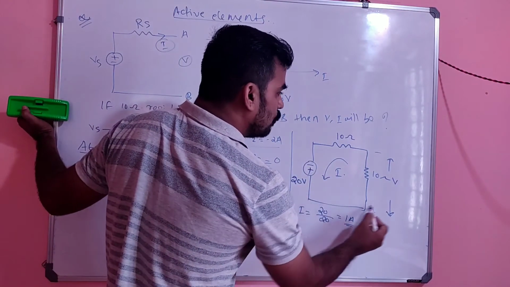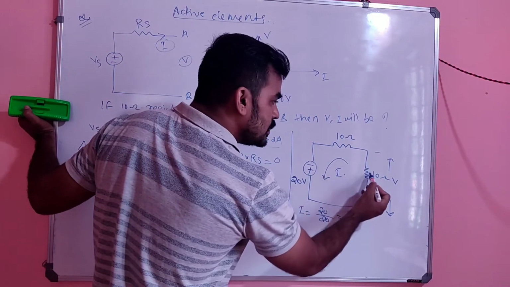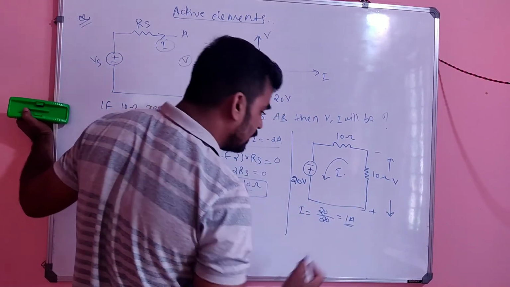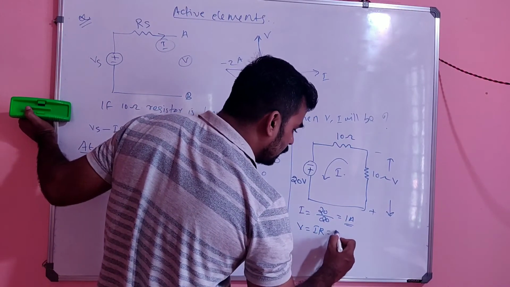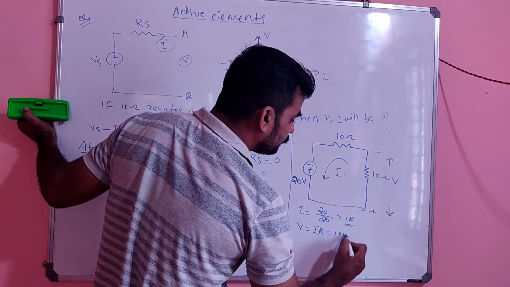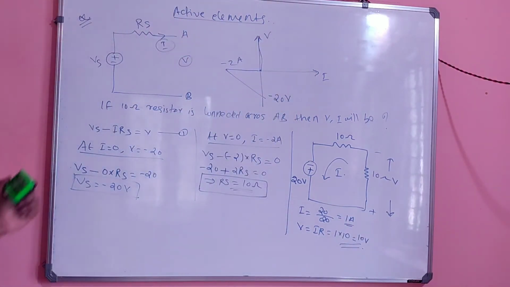And we have to find the voltage V also. When the current flows through the 10 ohm resistor, there is a drop across it: V is equal to I into R, which is 1 into 10, equal to 10 volt. So this is the answer for our question.